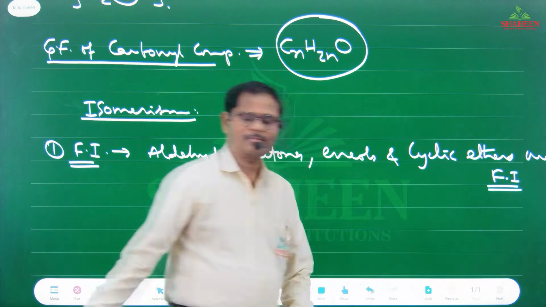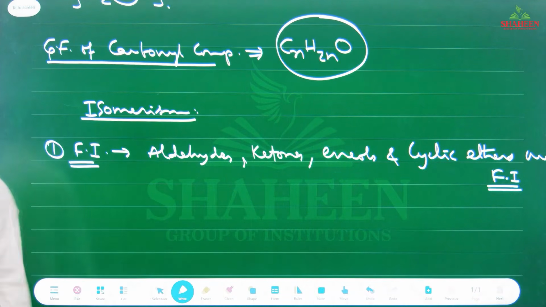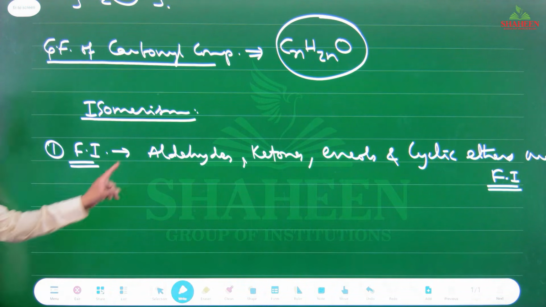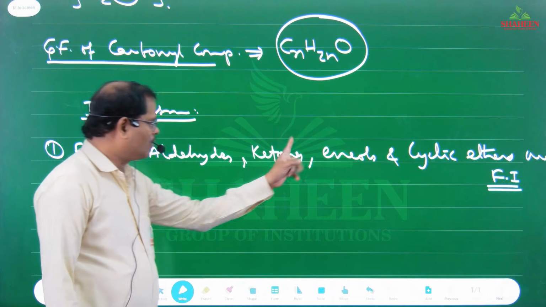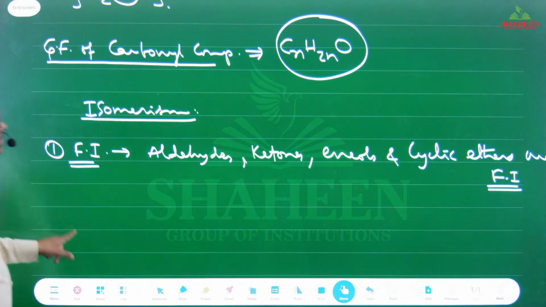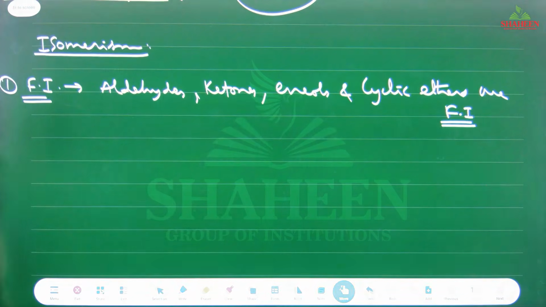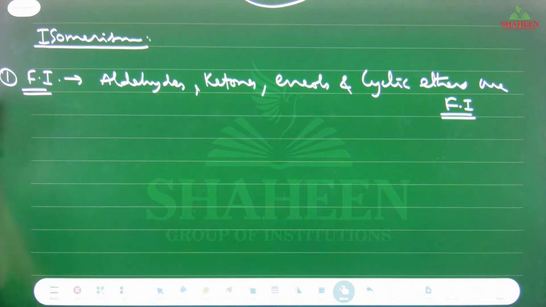For a given molecular formula, we can write aldehyde, ketone, enol, and also cyclic ethers. We can represent the same given formula.